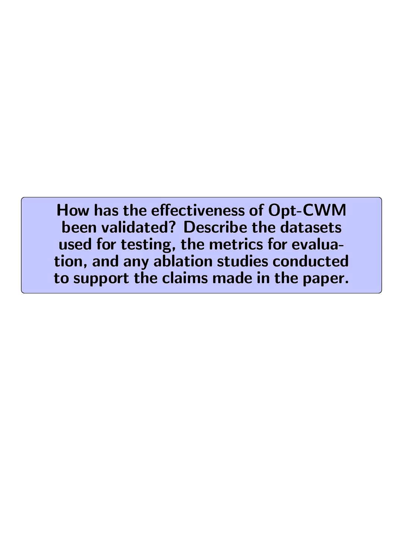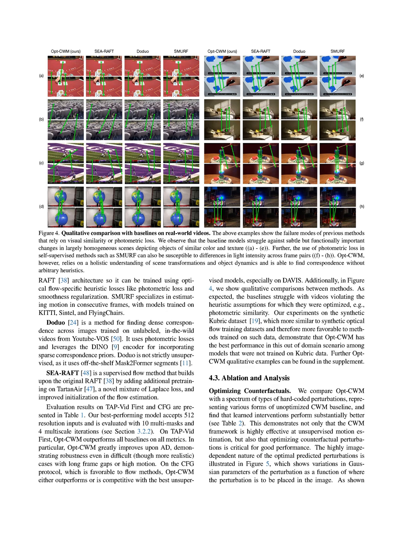How has the effectiveness of Opt-CWM been validated? Describe the datasets used for testing, the metrics for evaluation, and any ablation studies conducted to support the claims made in the paper. The effectiveness of Opt-CWM has been validated through extensive testing on several datasets, including TAP-Vid, DAVIS, and Kinetics, with TAP-Vid serving as the primary benchmark for evaluating motion estimation accuracy in real-world video scenarios.